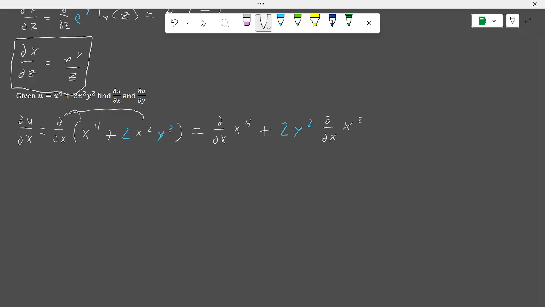Just move this term down and then subtract 1 from this term up here. So we can write all that out as the partial derivative of u with respect to x is equal to 4x to the third plus 2y squared times 2x, which can also be written as 4x to the third plus 4y squared x.